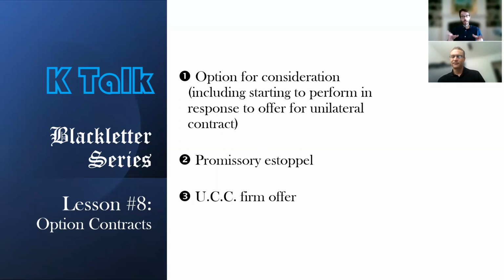So it's a nice bright line. There's no doubt it is premised on a concern about detrimental reliance on the offer. But the nice thing about the unilateral contract and the start of performance is it's a bright line. You do not have to talk about, is there detrimental reliance, how much? The minute you start performance, that is considered enough reliance to create the option contract.